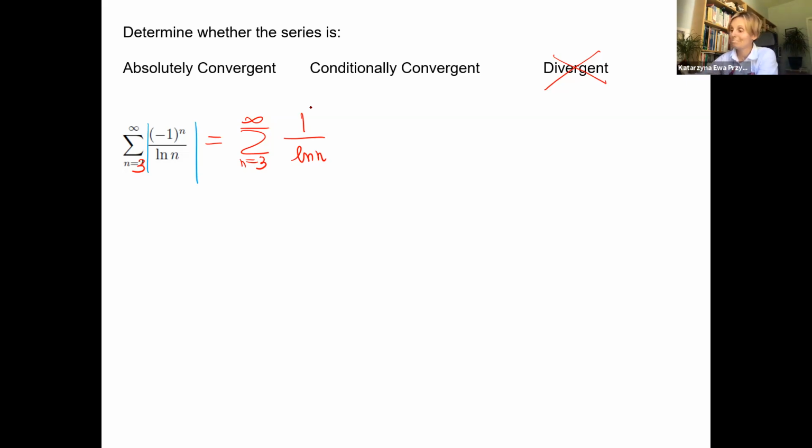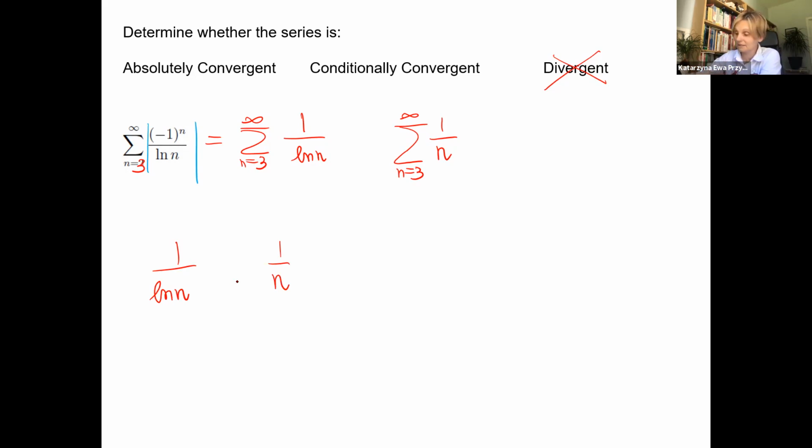Okay, we may try to compare. What do you think? Maybe 1 over n. I'm trying to compare. Let me write the fractions. Natural log of n. Comparison test is good when the terms are positive, and we have positive terms. Divergent, larger, yeah, okay.